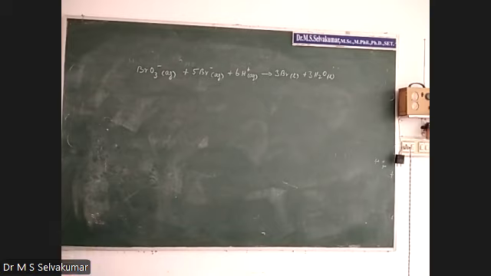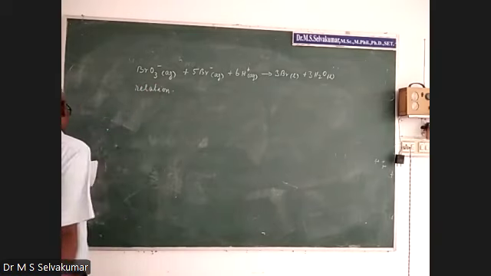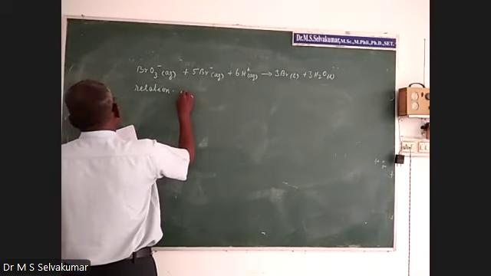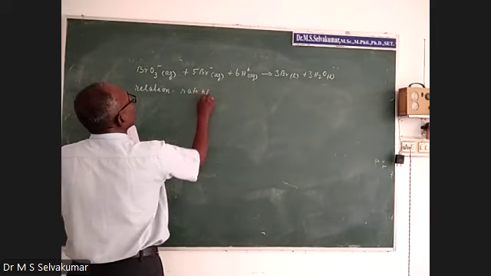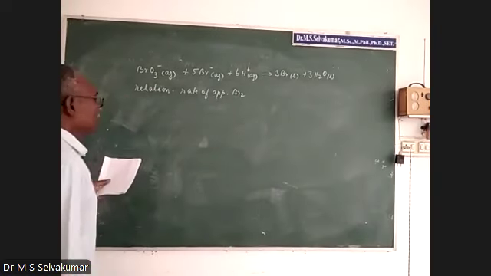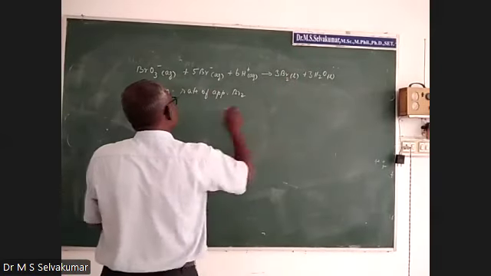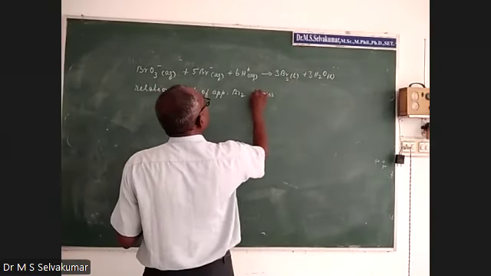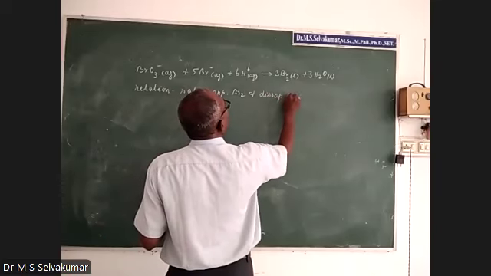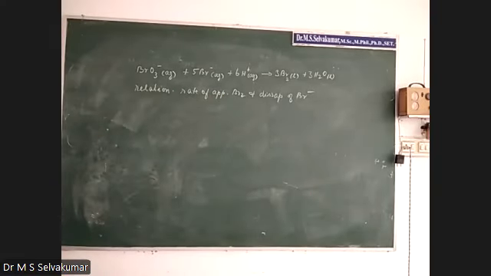Now you find out the relation between, see, the question is like this: find out the relation between the rate of appearance of bromine and the rate of disappearance of bromide ion.